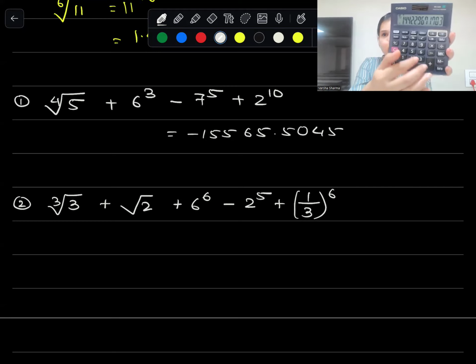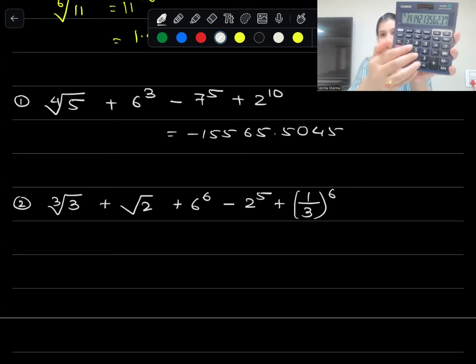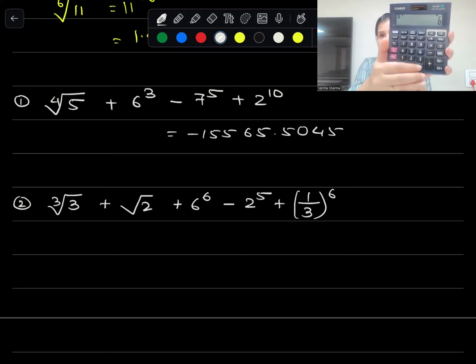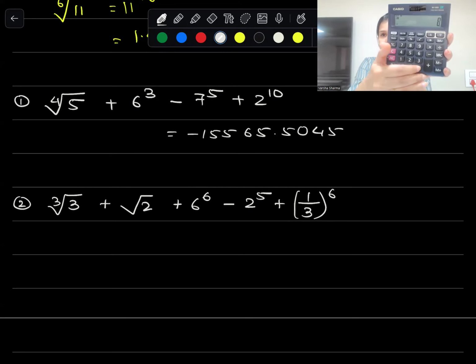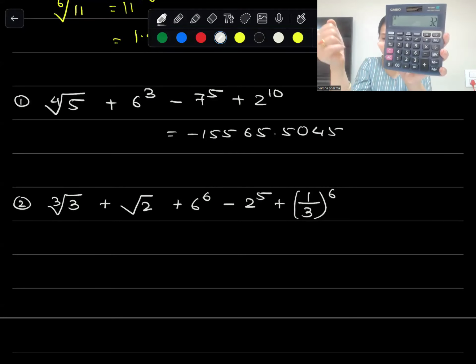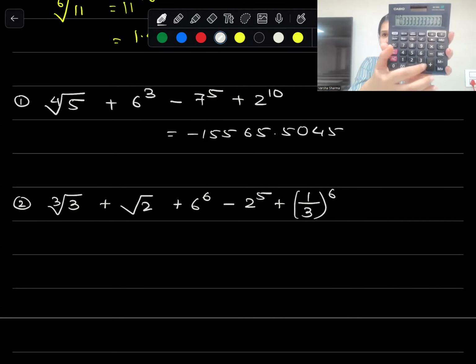Storing it as M plus, then 2 square root, storing it as M plus, then 6 to the power 6, storing it as M plus, then 2 to the power 5, storing it as M minus, 1 divided by 3 to the power 6, plus MRC equal.